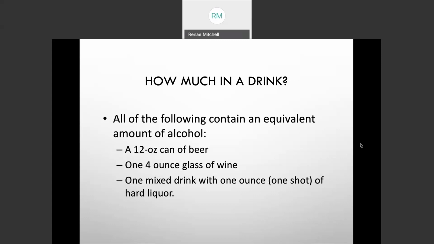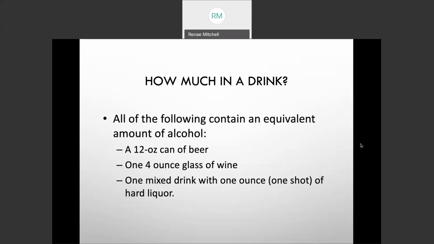What that means is that you can look at a certain amount of a bunch of different types of alcohol and say that they all have the same amount of alcohol in them. So for example, a 12-ounce can of beer, a 4-ounce glass of wine, and 1 shot of hard liquor all contain the same amount of alcohol.